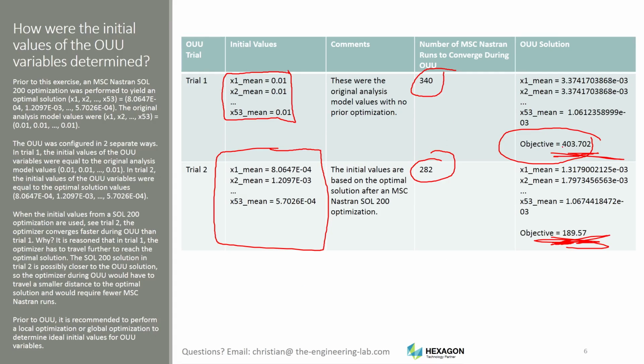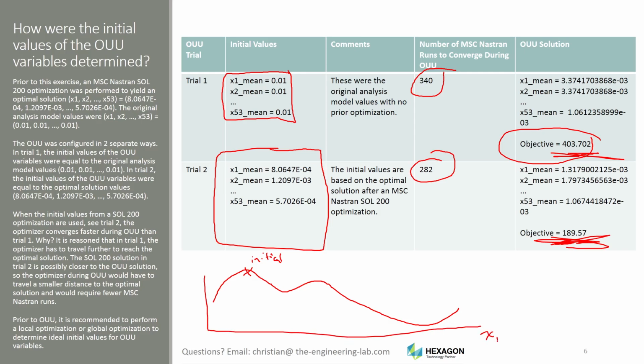Now, some of you might be asking, how come we don't get the same objective even though we started at different locations? That's because if we look at the objective function, if we start at the initial design, so this would be the initial design, this would be the X1, this might be the R1, so this is what the objective function might look like. When the optimizer starts at the initial value or initial design, it might reach the first nearby optimal solution.